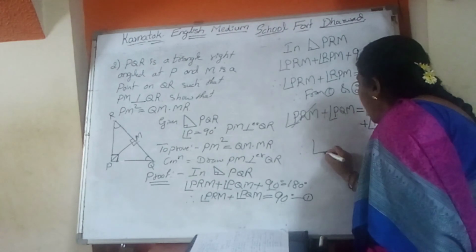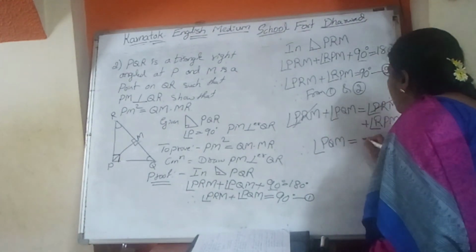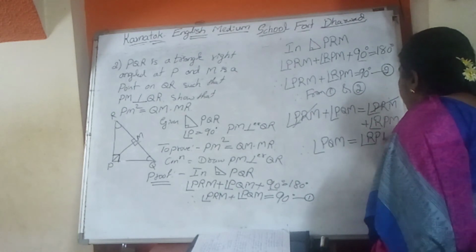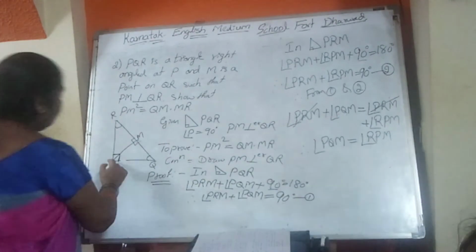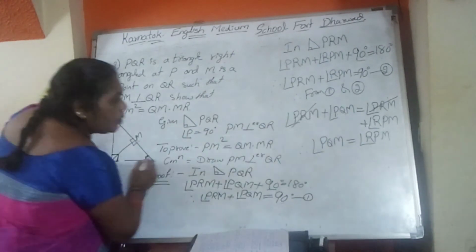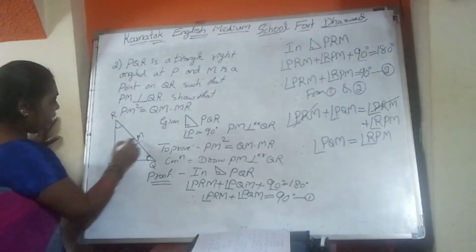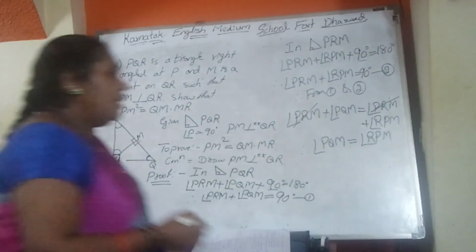Therefore, angle PQM equals angle RPM, this angle equals this angle. Okay, you proved here.